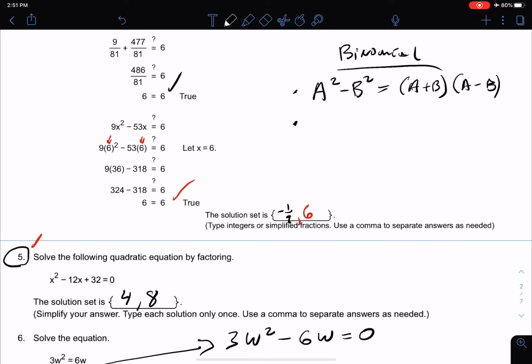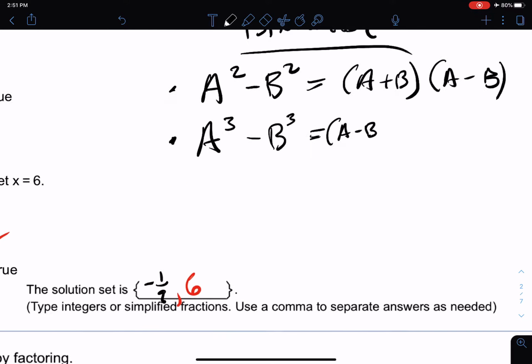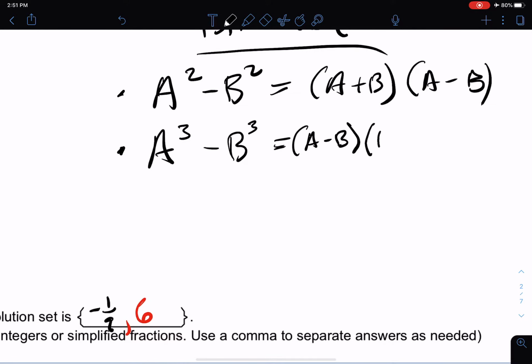Does it fit into the second possible model, a cubed minus b cubed? And if it does, I don't think I have space to write all that out, but I put that on the last one. Well, I feel like I got to do it now. It factors to a minus b times the quantity a squared plus ab plus b squared.